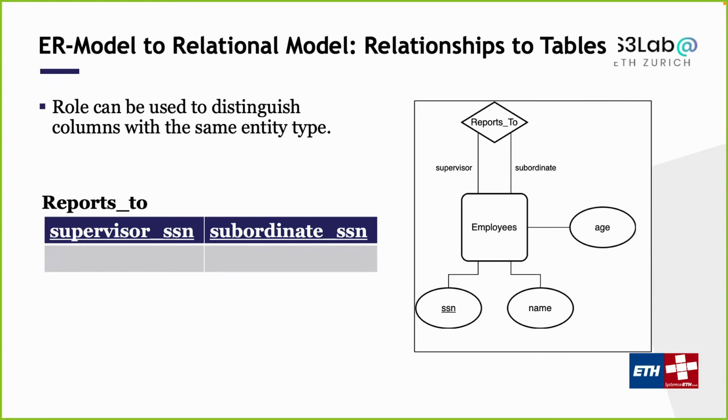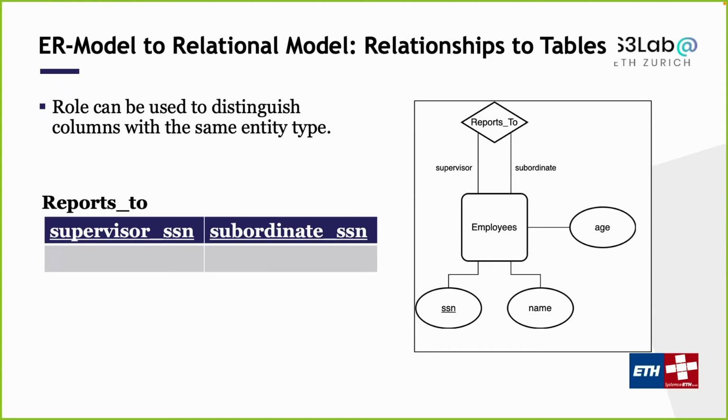Okay. What is the primary key of the reports to relation in this case? I already labeled it, so we kind of know the answer, but let's try to think about why. In this case, I have no cardinality constraints for the reports to relationship, which means that if you think about what we are allowing as a valid database instance, I can have all the possible pairs there and put them in as a valid database instance.